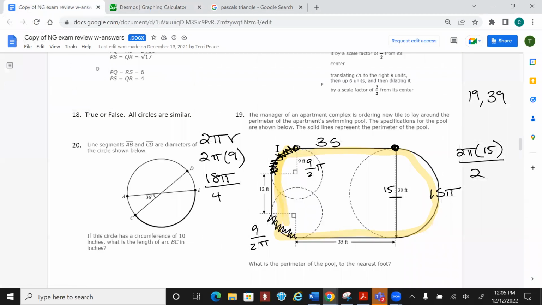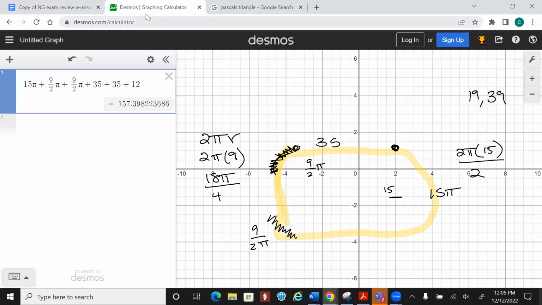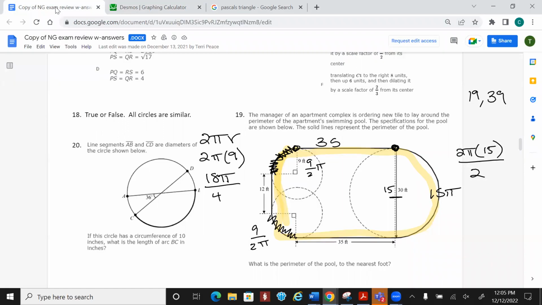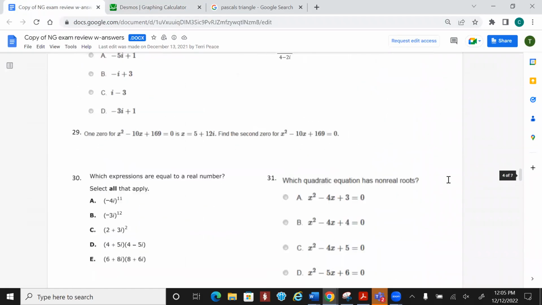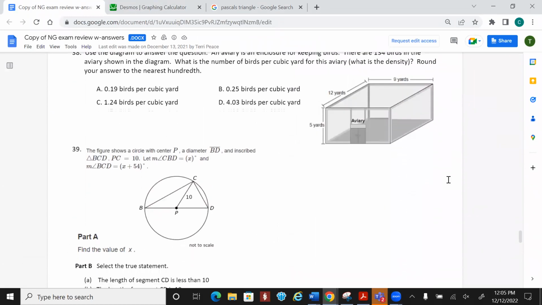Just change that pi from the bottom. There we go. Should be 157.39. Plus 2 pi r. Yes. Like if I do that, which I add. All right, 39.